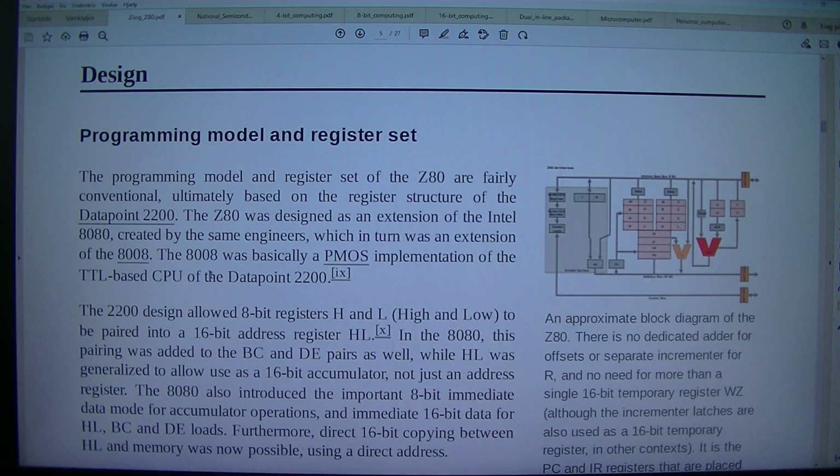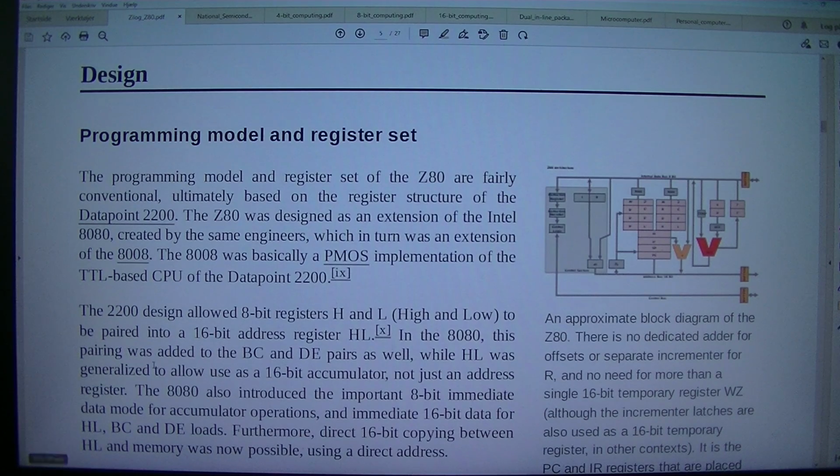The 8008 was basically a PMOS implementation of the TTL-based CPU of the Datapoint 2200. The 2200 design allowed 8-bit registers H and L, high and low, to be paired into a 16-bit address register HL. X, in the 8080.